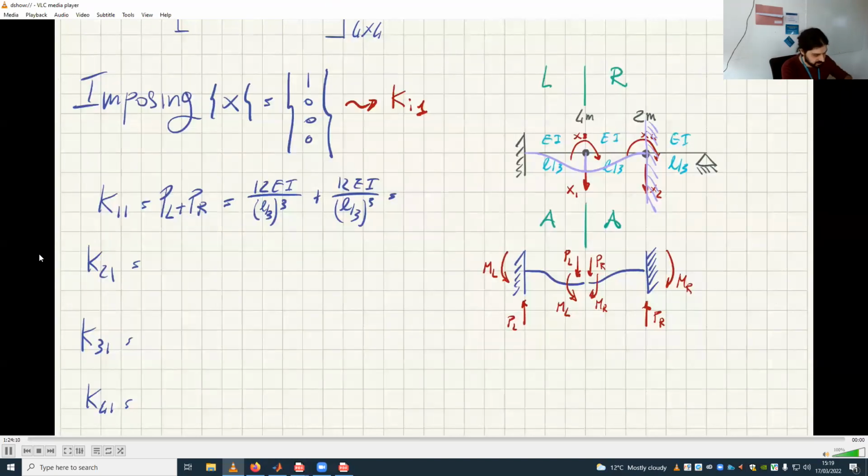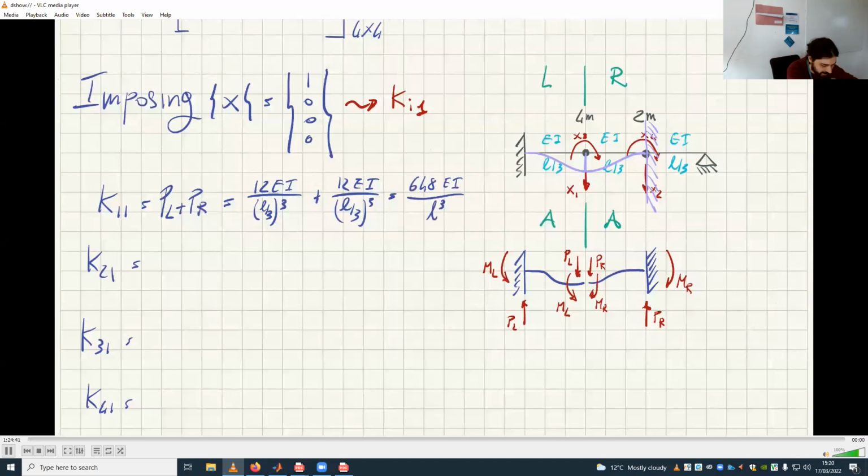So this should be 648 EI over L cubed. Do you agree? Okay, I was looking for vital signs from the classrooms. Okay, 648 EI over L cubed.